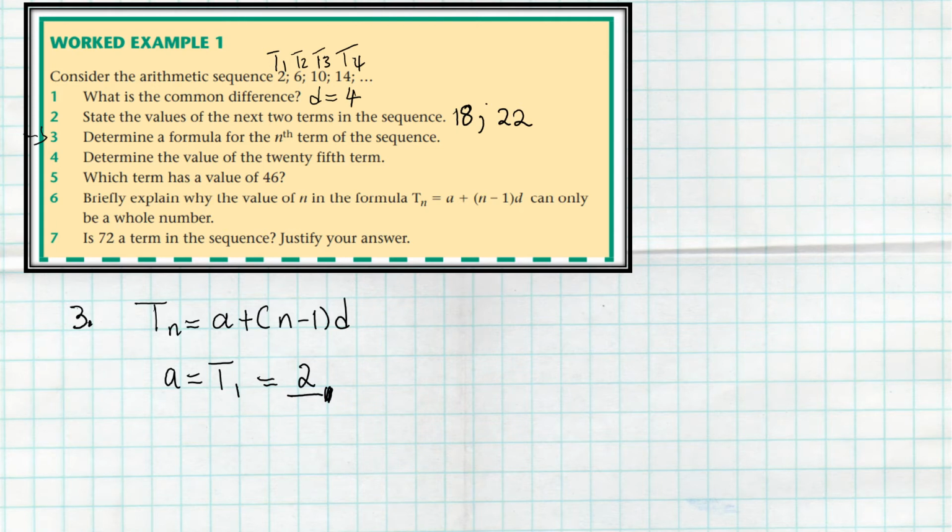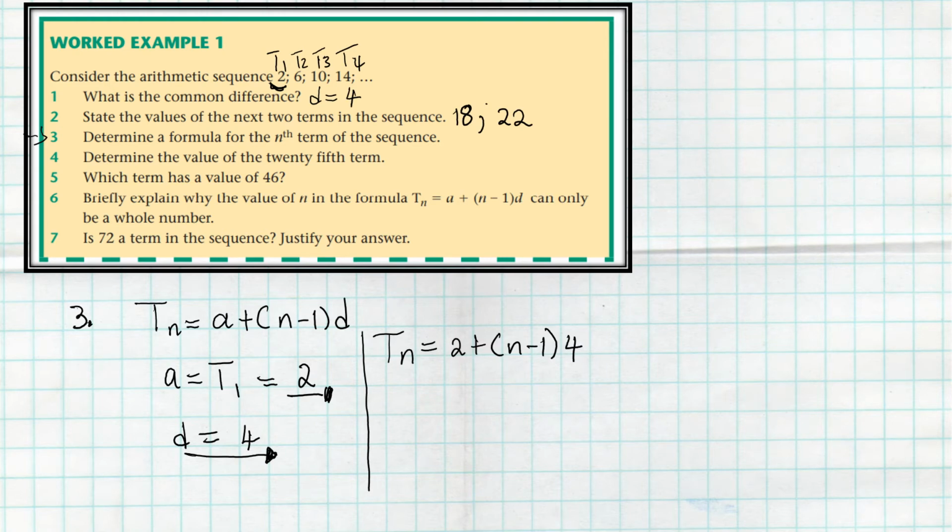Our d we already calculated in question 1, d was 4. So we replace a and d to get our general formula. Tn is going to be 2 plus n minus 1 times 4.